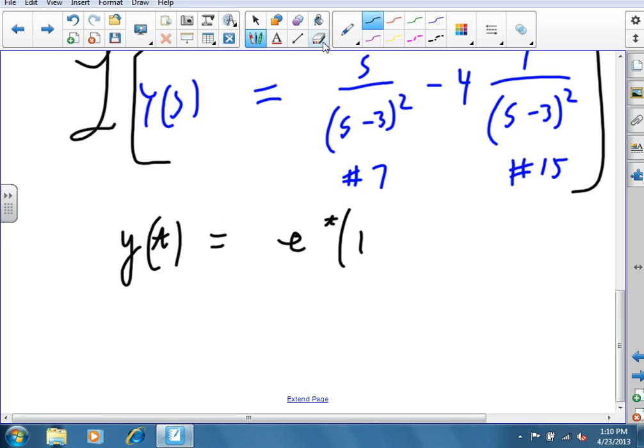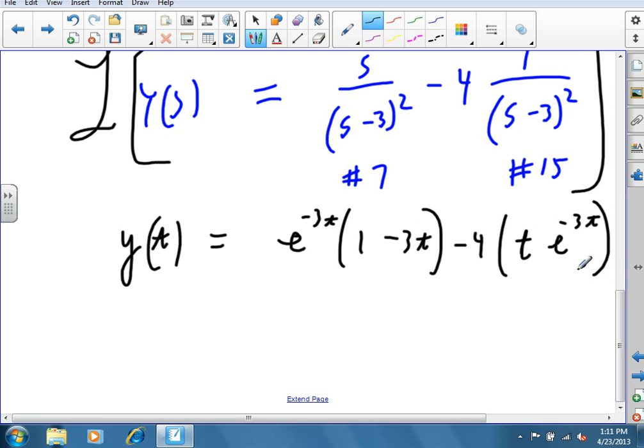So e to the minus 3t times 1 minus 3t, minus 4 times number 15, which is t e to the minus 3t. Alright, so I got e to the minus 3t minus 7t e to the minus 3t.